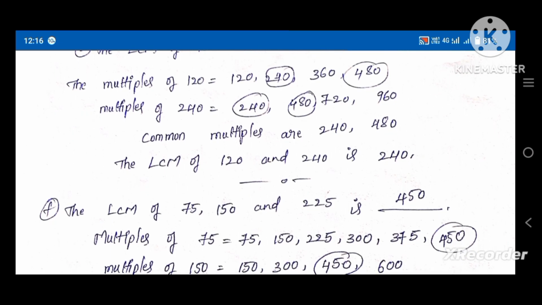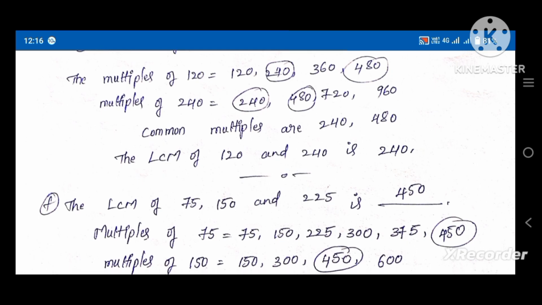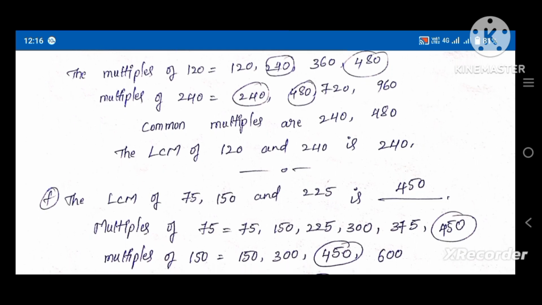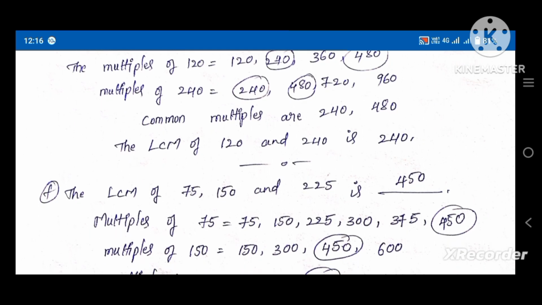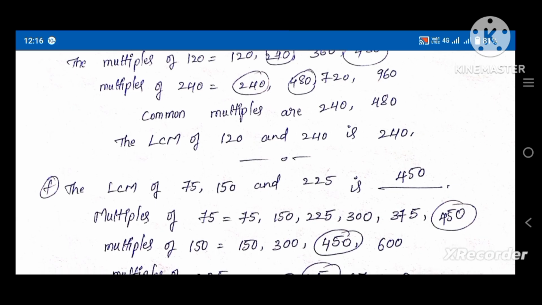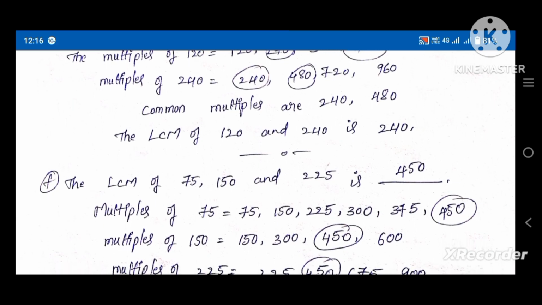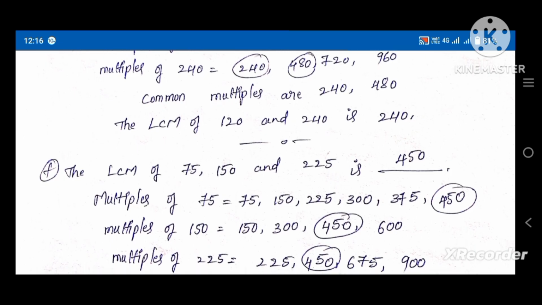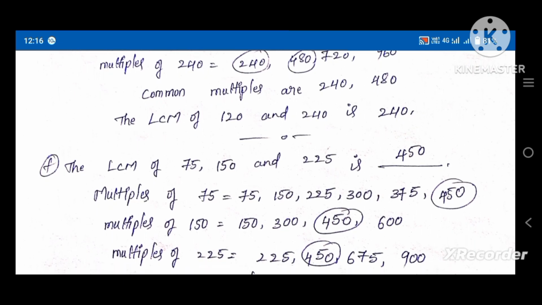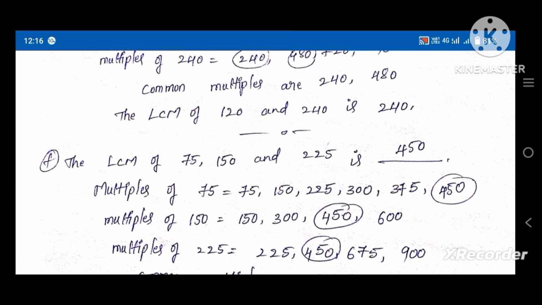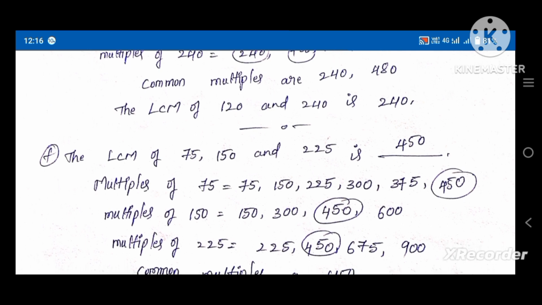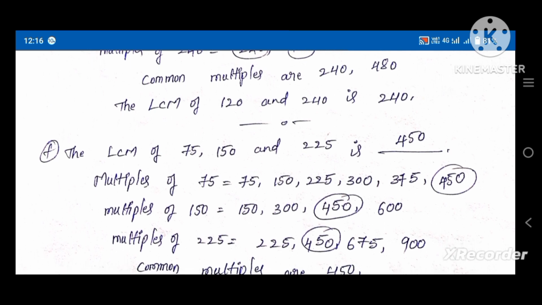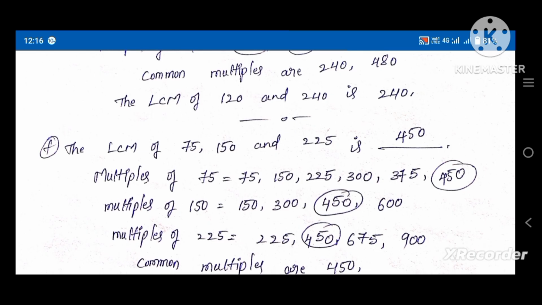F. The LCM of 75, 150 and 225 is 450. Multiples of 75: 75, 150, 225, 300, 375, 450. Multiples of 150: 150, 300, 450, 600. Multiples of 225: 225, 450, 675, 900.